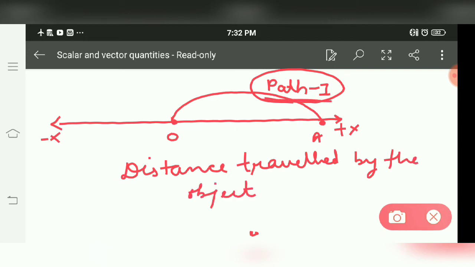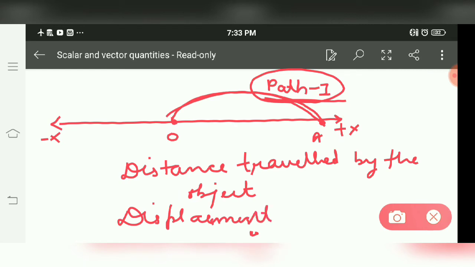So path 1 is actually representing distance traveled by the object. But if we have to define the displacement, as we know displacement is always the shortest distance between initial and final position. This is the initial position, and this one is the final position.